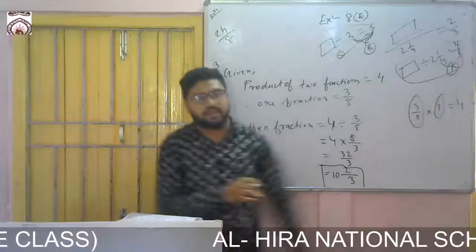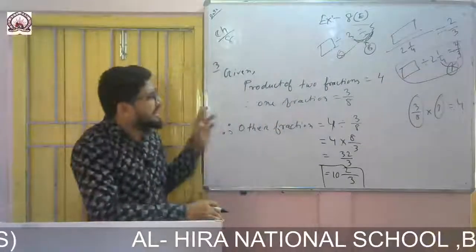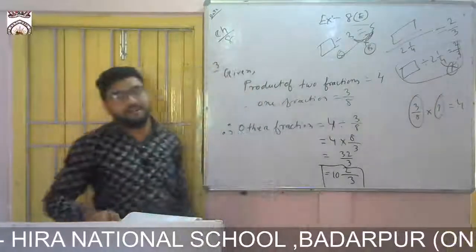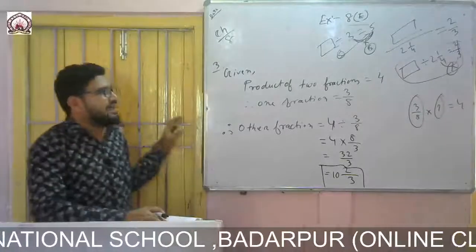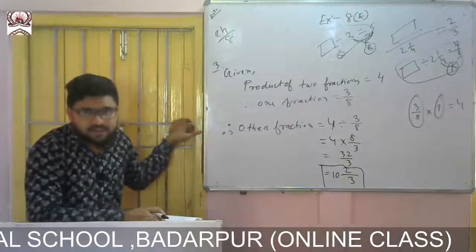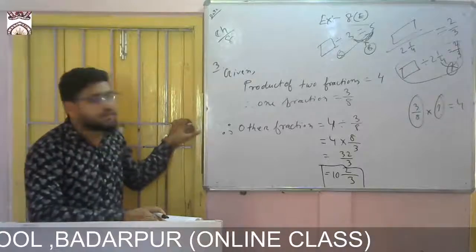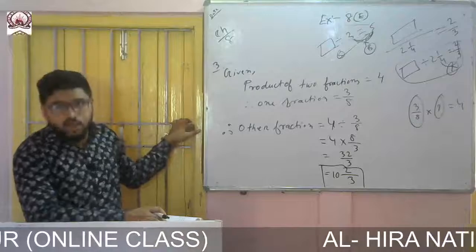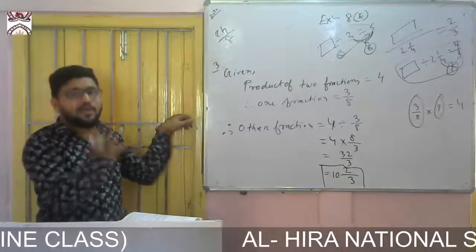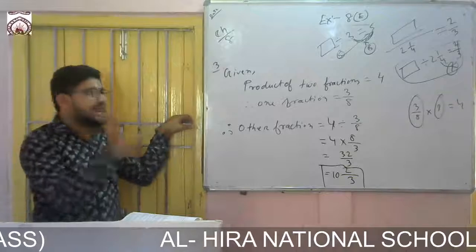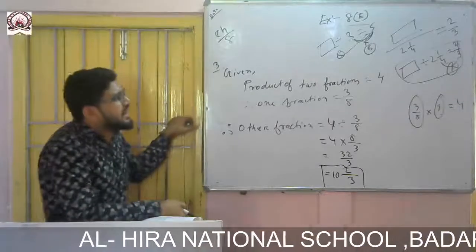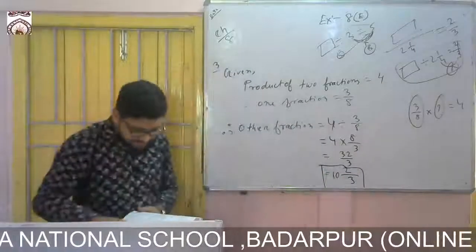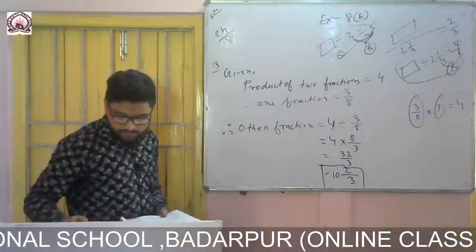Here the dividend is not given, the divisor and the answer are given, and I need to find the dividend. We know that to find the dividend we multiply the divisor and the quotient. If a remainder remains, we add it; if the remainder is 0, then we just multiply the divisor and the quotient, and we get the dividend. So in this case also it is the same.